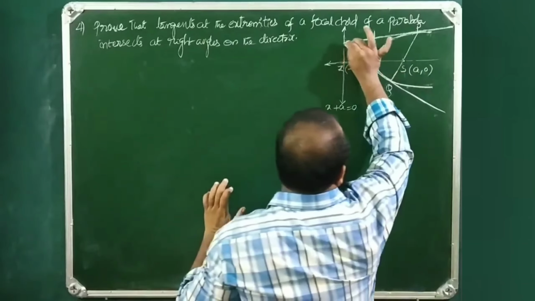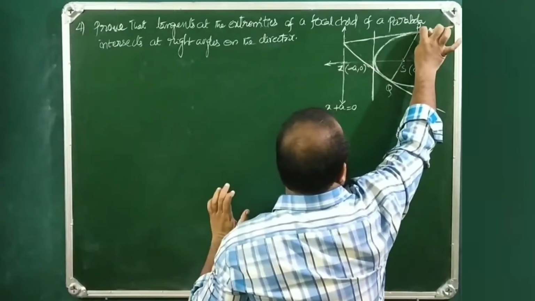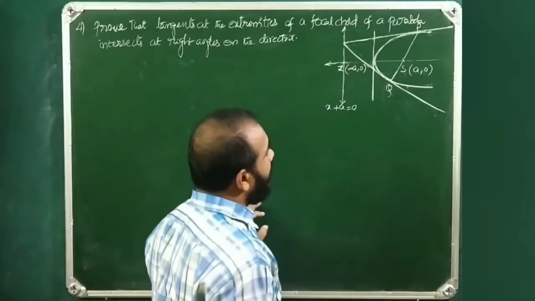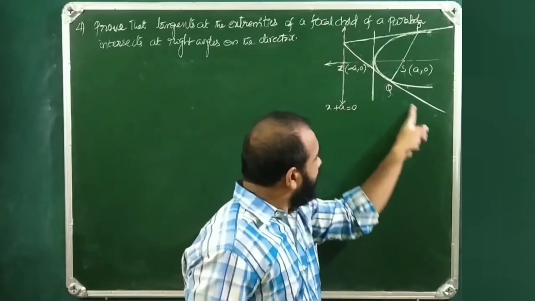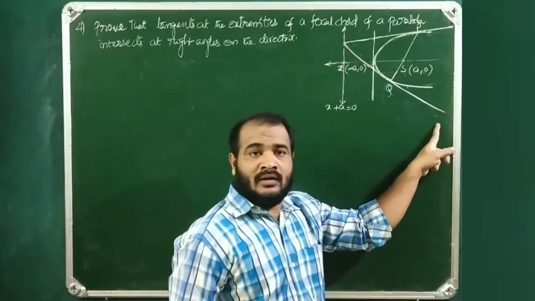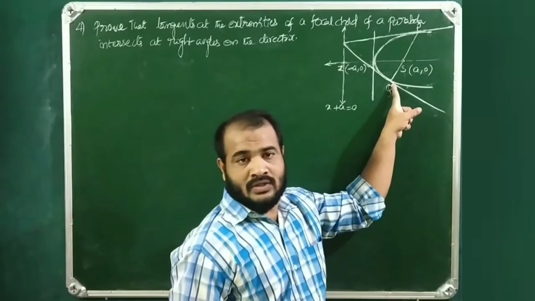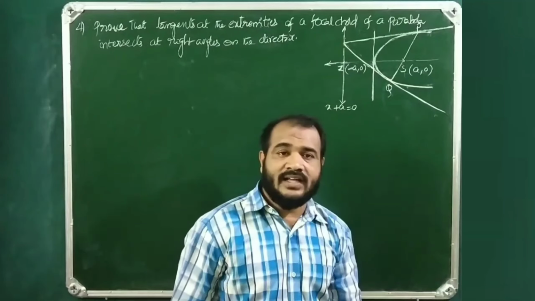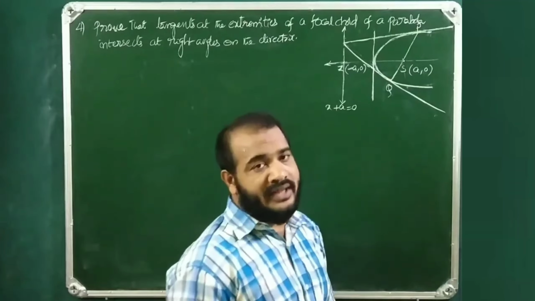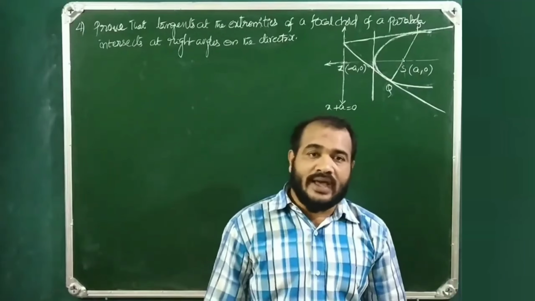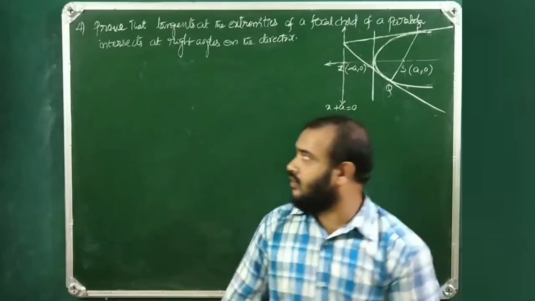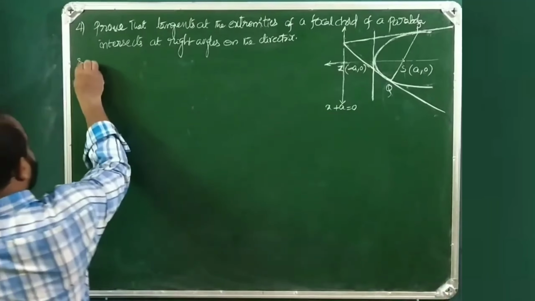So this is the tangent at one extremity of the focal chord, which is P. Likewise, this is the tangent at the other end of the focal chord, Q. So what is the equation of the tangent at parametric point t? yt equals x plus at square. Solution.